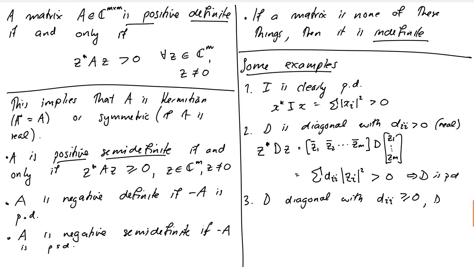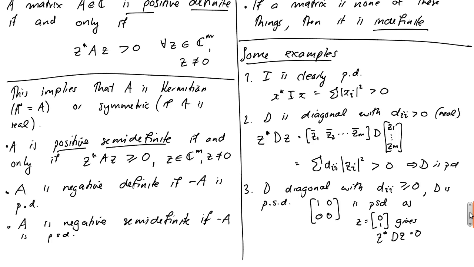Then in this case D is positive semi-definite. Okay, e.g. the matrix 1, 0, 0, 0 is PSD, positive semi-definite, as z equals (0, 1) gives z star Dz equals 0.